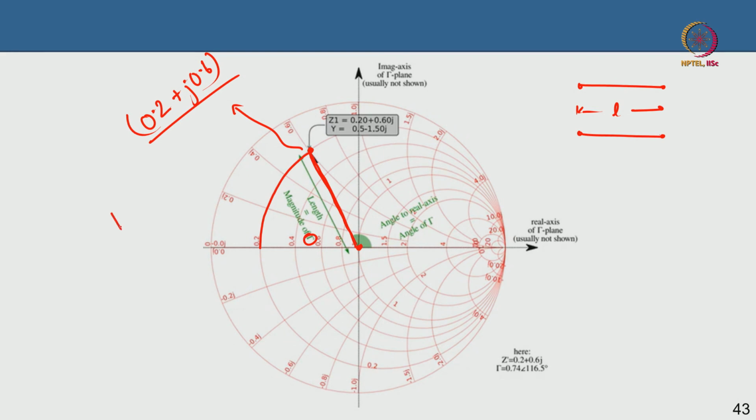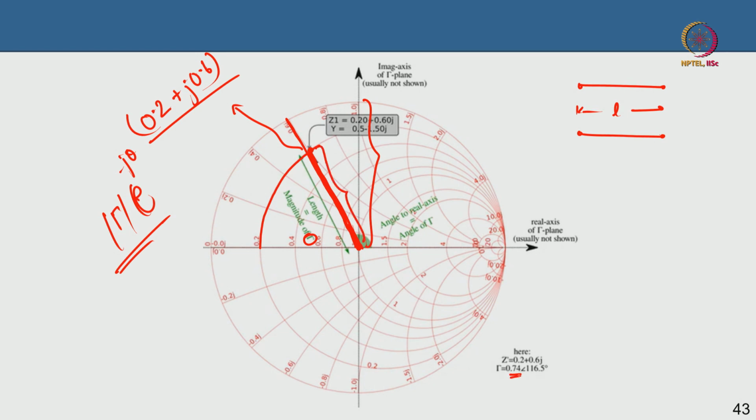Remember, I am plotting everything as gamma times e to the power minus j theta or something like that. How will you measure the magnitude of this line? With respect to the full radius of the circle. If the entire radius of the circle is 1, then this is the magnitude.